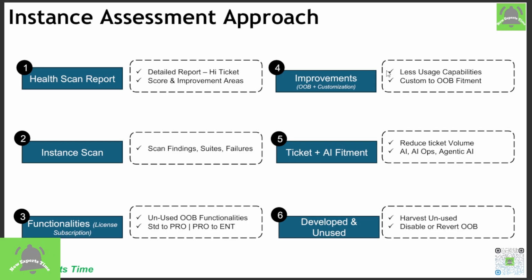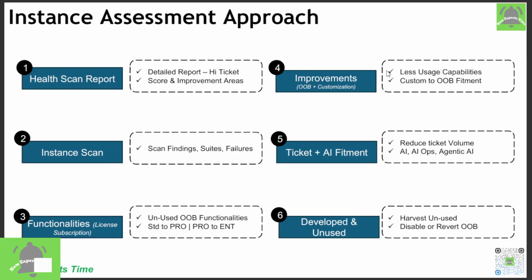Next, the third point. This is a very important point. Functionality-wise, ServiceNow is always giving new features in each version and in each license. So version upgrades and patch upgrades will also support you for functionality related items. That is number one.